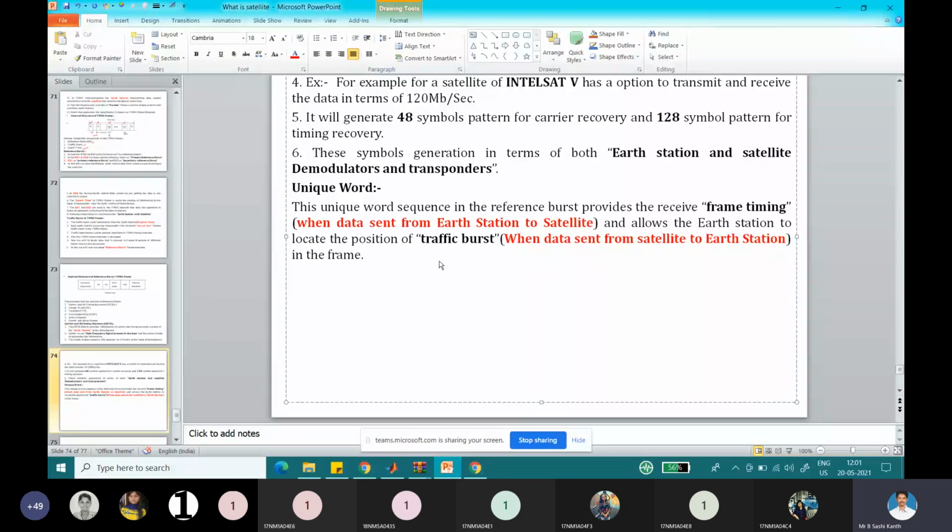And also another point in the unique word: it marks the beginning of the traffic burst and provides the information to the earth station for which it is intended.